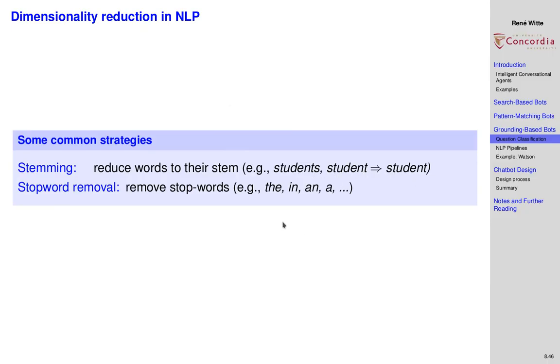Another very common technique is called stop word removal. Stop words are words that appear in pretty much any document, for example, articles: the, in, an, a. And if you do TF-IDF scaling, you know that these are essentially useless because they appear everywhere.